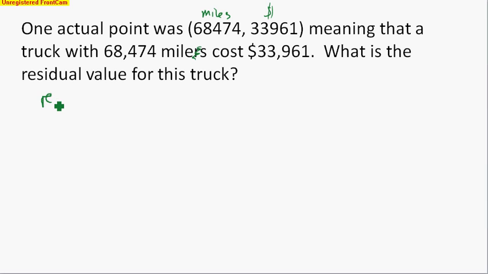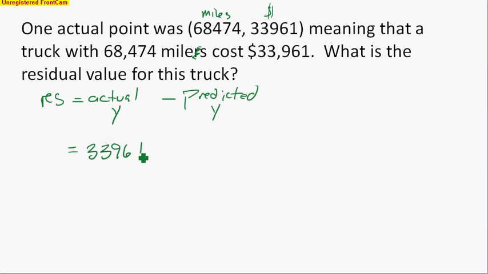Well, remember, a residual value is the actual value, the actual y minus the predicted y. Okay? Now, I already know the actual y. I already know the actual cost of this truck is $33,961. What I have to figure out is what the predicted y is. And again, that's y hat. And that's where the equation comes in handy.